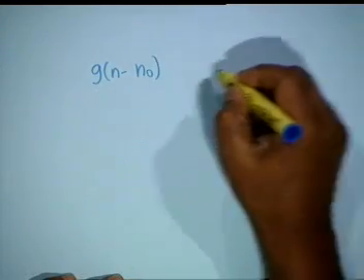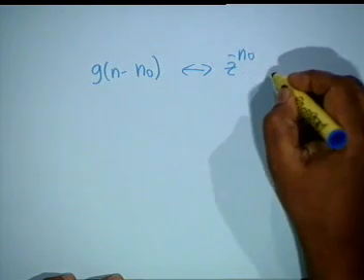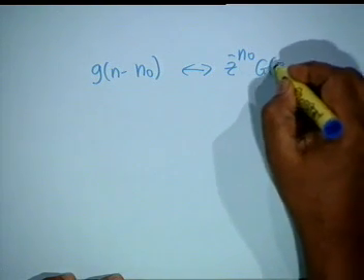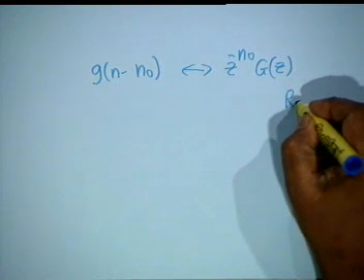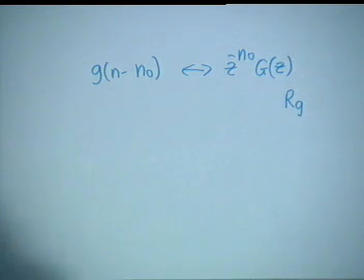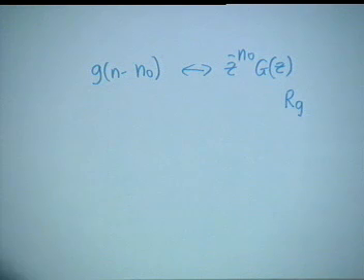And then if I shift a sequence by n0, the corresponding Z transform is Z to the minus n0 times capital G of Z, and the region of convergence is Rg except for either Z equal to 0 or Z equal to infinity, depending on n0 and depending on cancellations.